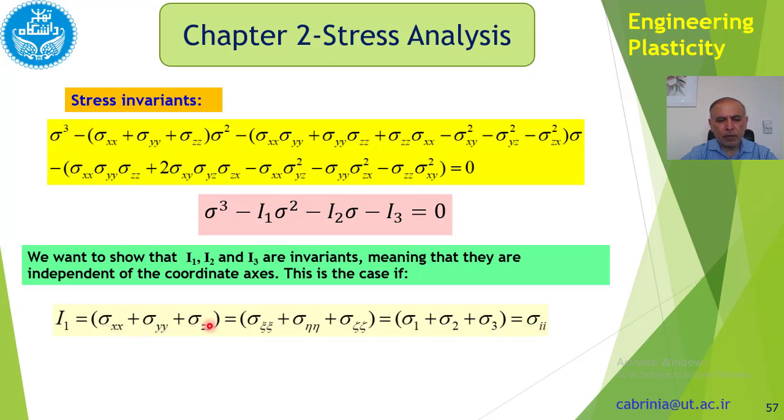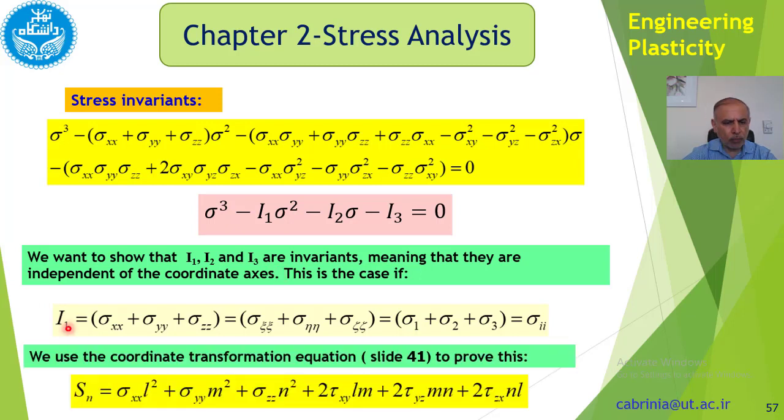Sigma x plus y plus z is sigma I. Because x, y, z, I changes from x to z, so I means x, y, z. And therefore, if we could prove that the value of sigma on different axes is the same, I mean the sum of these values are the same, then it is proven that I1 is an invariant, independent of the coordinate axis.